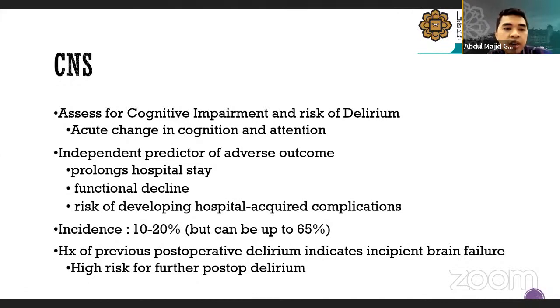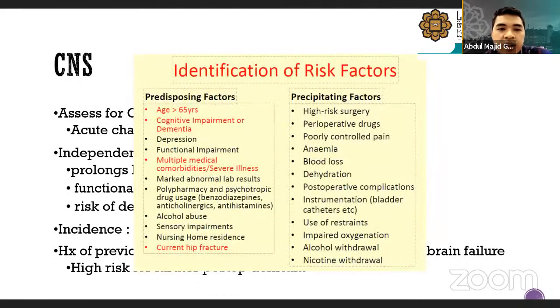It has a very high incidence of developing into cognitive impairment, around 10 to 20%, and most of them are associated with risk of post-operative delirium. So we need to identify the risk factors for them.